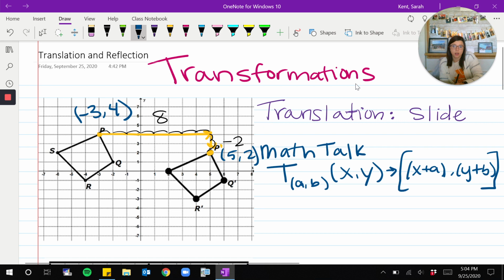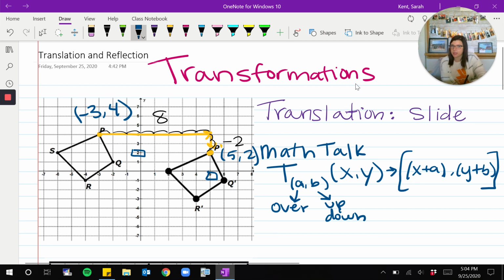And if I look here, I've ended up at 2. So this is the math talk to essentially tell me how many over, how many up or down. So you can think A is my over, B is up, down, is what that's telling us.